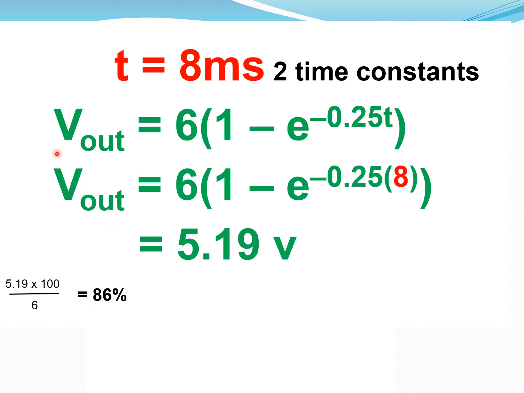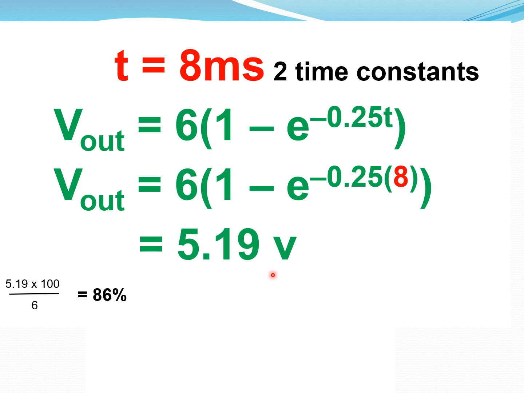Now that we have the output voltage at any time t from our circuit, we can substitute any time we like into this expression. If t is equal to 8 milliseconds, 2 time constants, we substitute 8 in for t. So V out equals 6 by 1 minus e to the minus 0.25 times 8. Put that into your calculator and we get the output voltage is 5.19 volts.